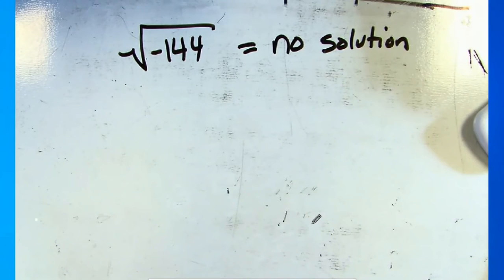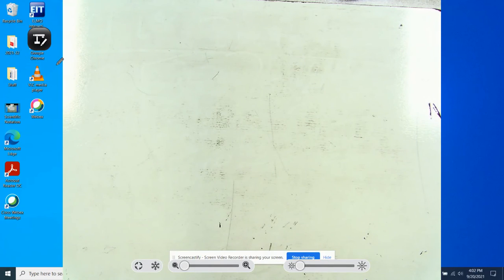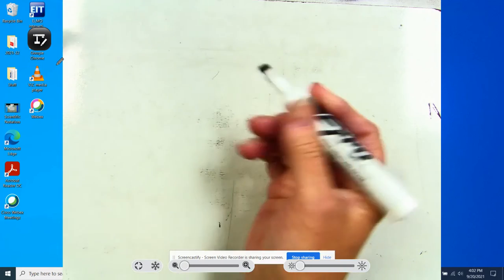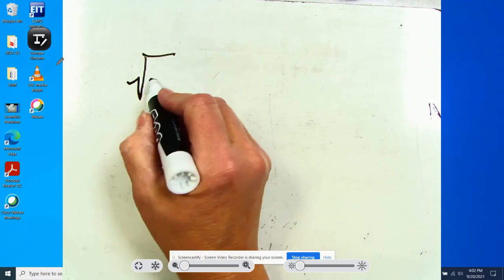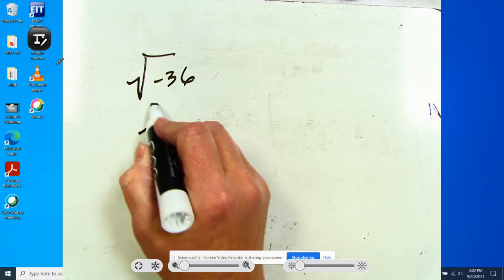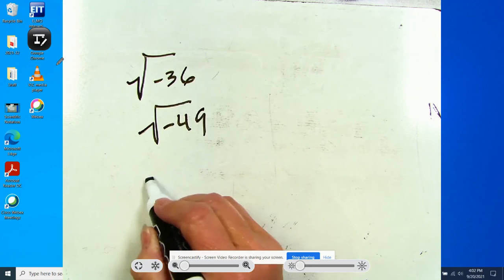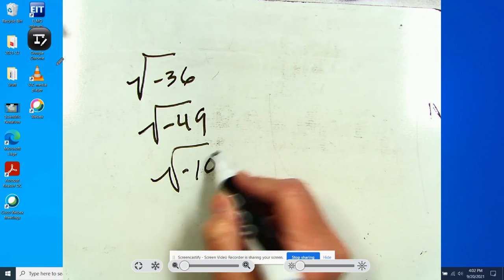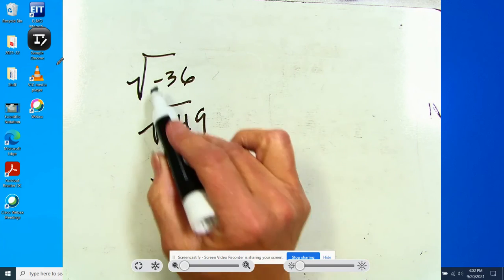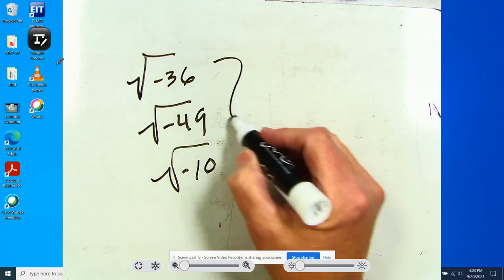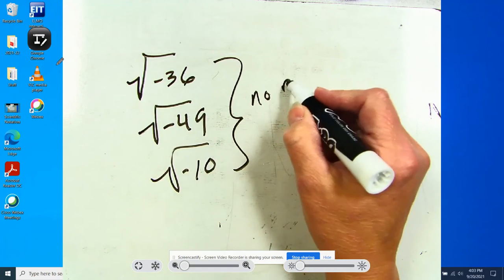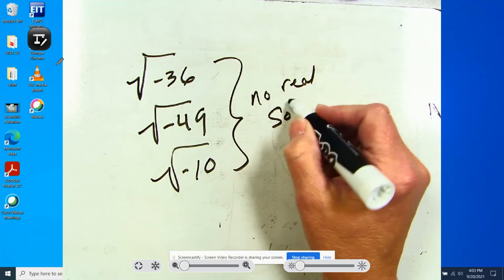Okay, so with that negative 144, again, no real solution. So if you had the square root of negative 36, the square root of negative 49, the square root of negative 100, whatever, as soon as you see a negative sign inside the square root, inside the radicand, you know that there is no real solution.